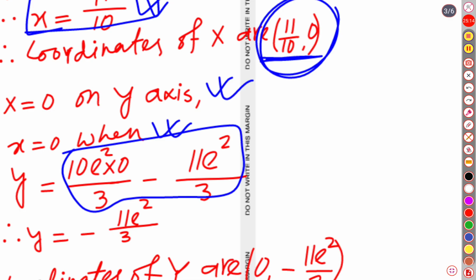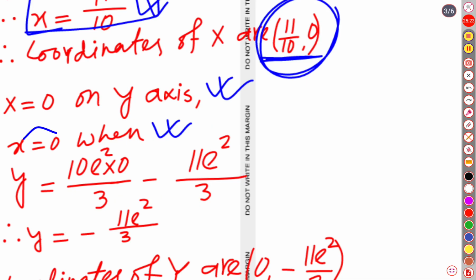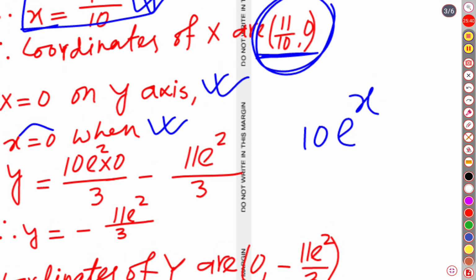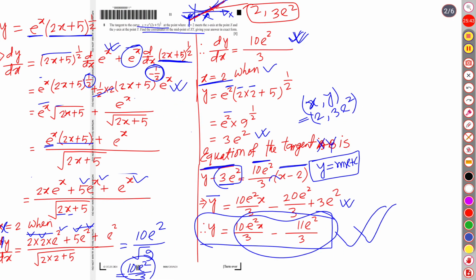So y, with x equal to 0, means 10 e square x. Let us see our function. What was our function at page number 2? It was 10 e raised to, look at this, this is our function: 10 e square x over 3 minus 11 e square over 3.